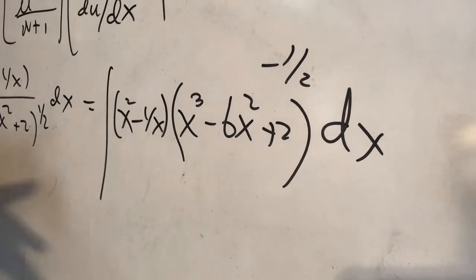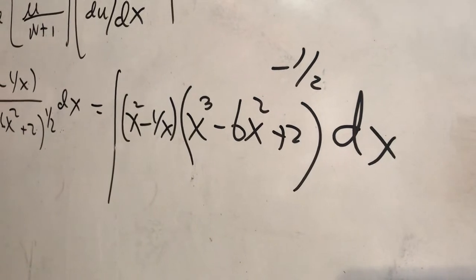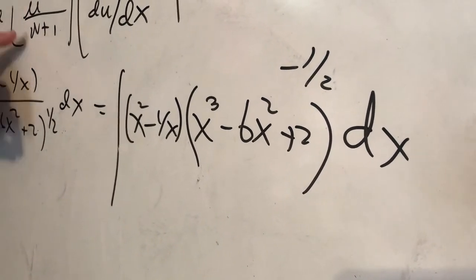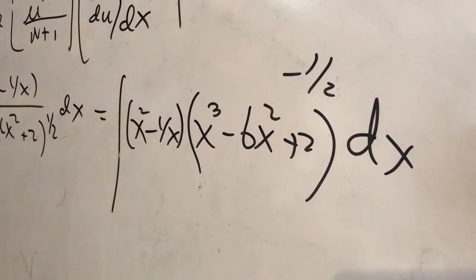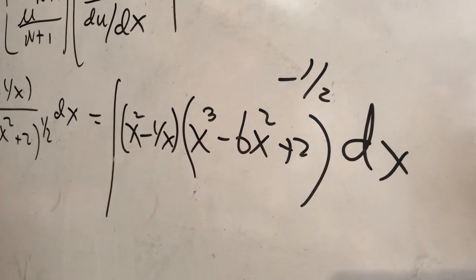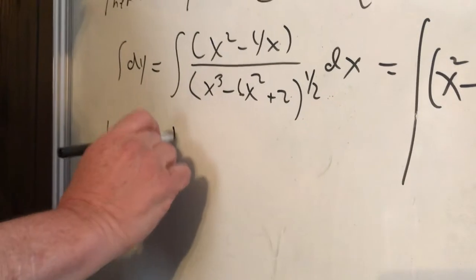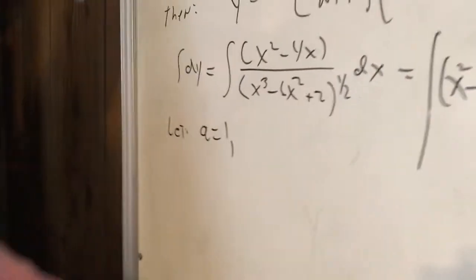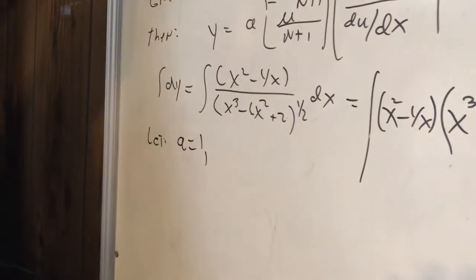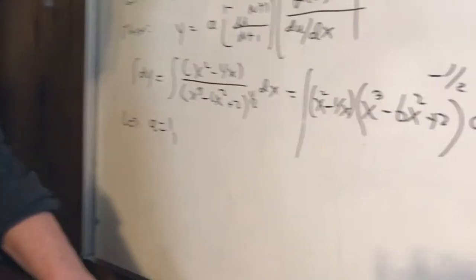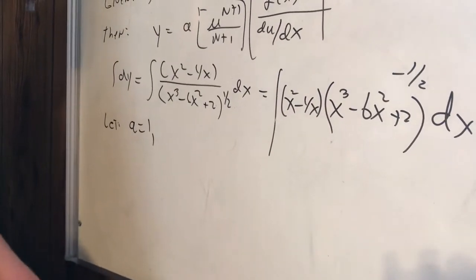So now this is where we define a, u, and f of x, du dx. I'm going to let a equal 1, because it's what's in front. Now u goes into the polynomial that has the power not equal to 1.